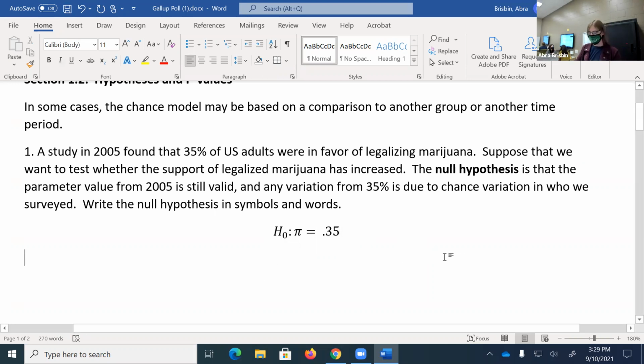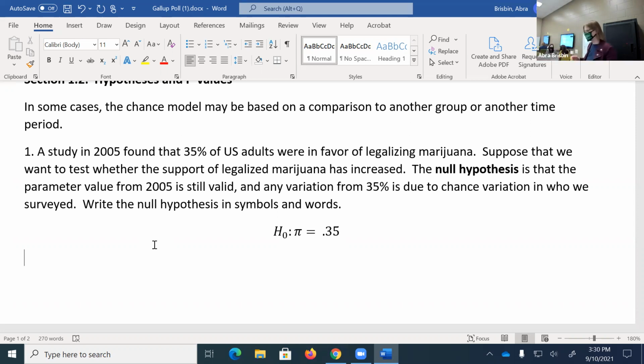Okay, so in words, we want to describe what this parameter pi represents. Often, pi is the long run proportion that whatever. In this case, because we're dealing with two different years, I think the words long run are kind of confusing.